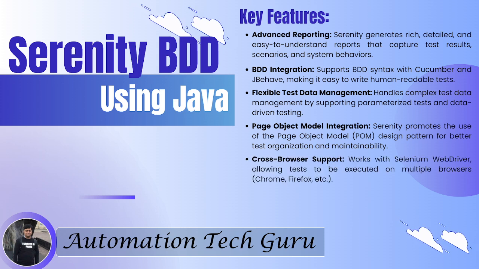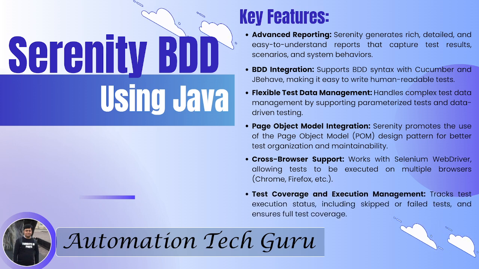Page object model integration: you can use the POM design pattern for better test organization and maintainability. Cross-browser support: works with Selenium WebDriver, allowing tests to execute in multiple browsers also. Test coverage and execution management: it tracks test execution status including skipped and failed tests and ensures full test coverage.